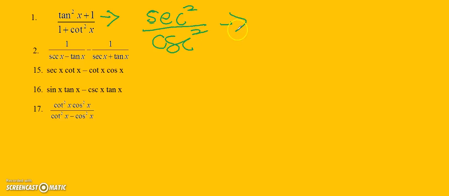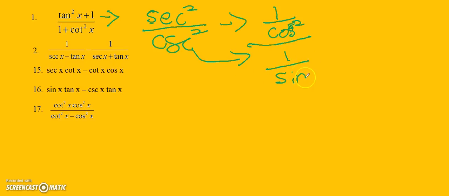So let's simplify it down. We know secant squared is just 1 over cosine squared, and cosecant squared is just 1 over sine squared.